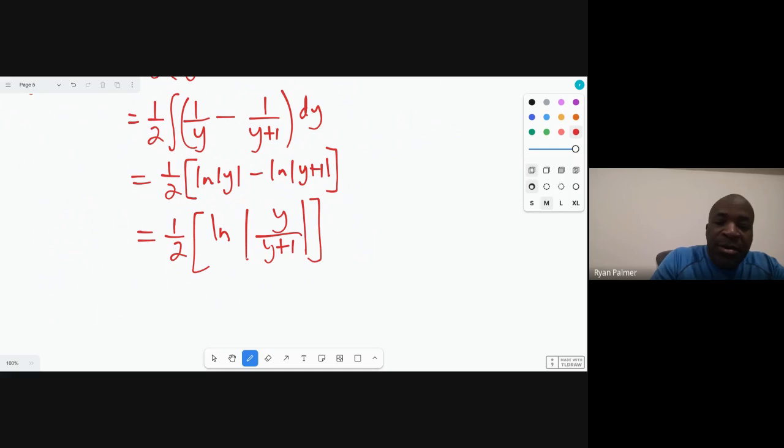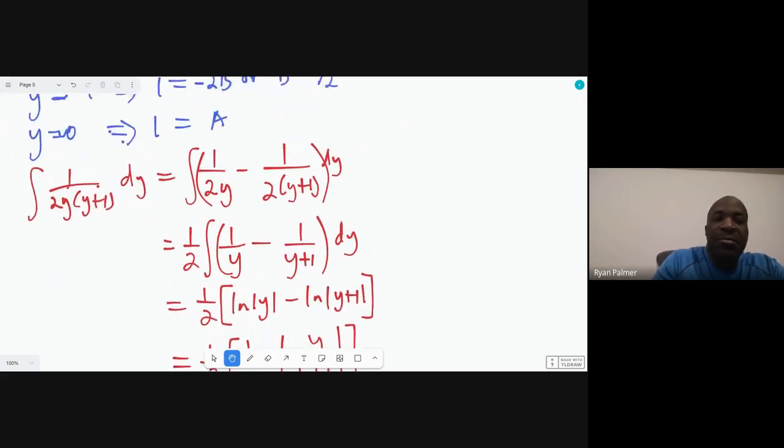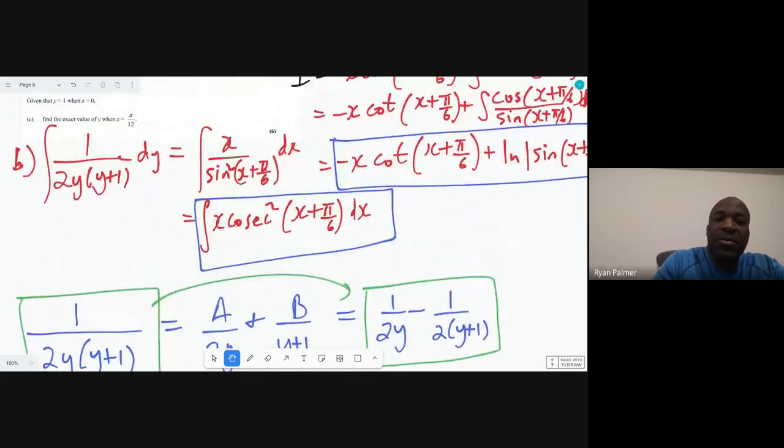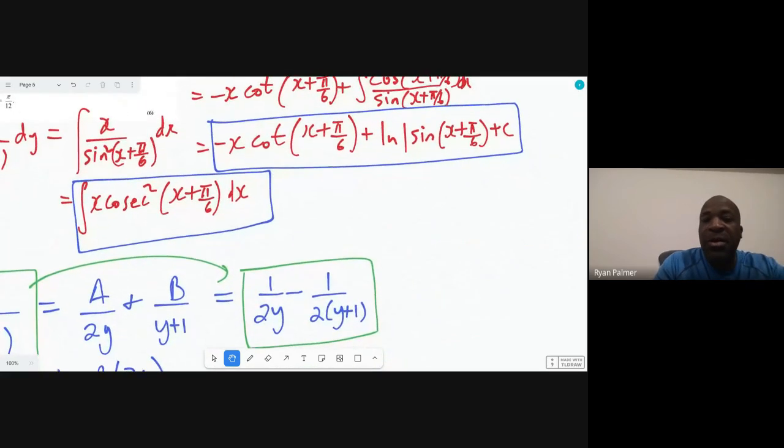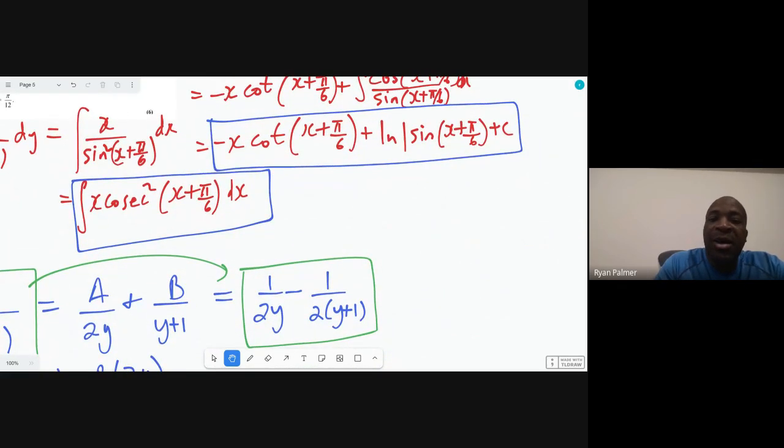So we want to now connect that. If we go back up, we now want to connect that to the answer that we have on the right-hand side, the minus x cot (x plus pi by 6) plus ln sine (x plus pi by 6).